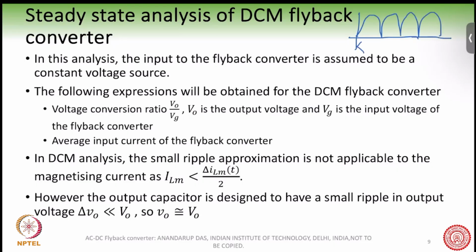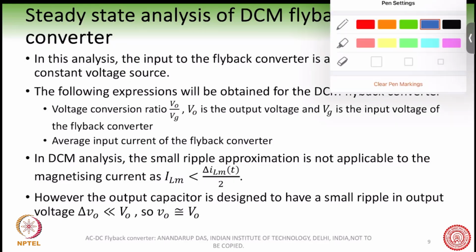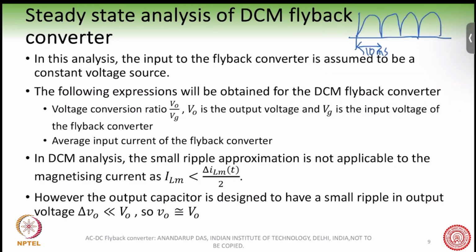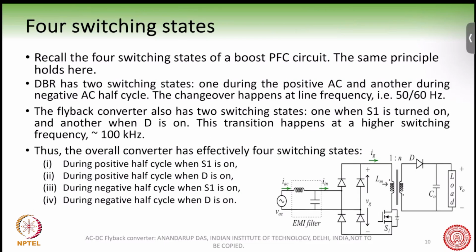So this is 10 millisecond, and the switching is happening very rapidly inside this 10 millisecond window. Inside this 10 millisecond, the current is going 1 to 0 like this, very rapidly. This can be like at 100 kilohertz. We can explain it from the next slide, and then I will come back to the previous slide.